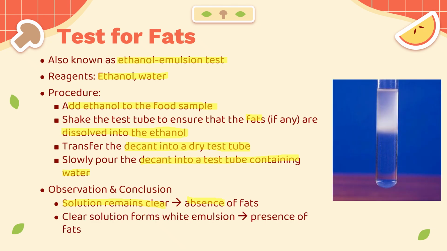However, if the solution forms a white emulsion, like this, it means that fats are actually present in the decant. So a white or white cloudy emulsion means that there are actually fats present.